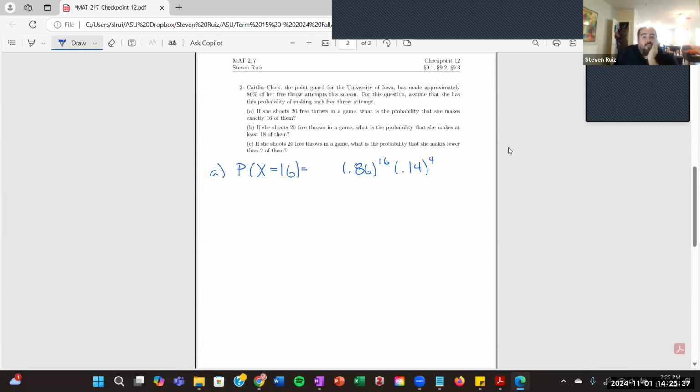So I don't care which 4 she misses, or equivalently, I don't care which 16 she makes. So that's why I need to look at the combination here. So basically I have a combination here, 20 choose 16, which is a thing that I would rather not calculate by hand.